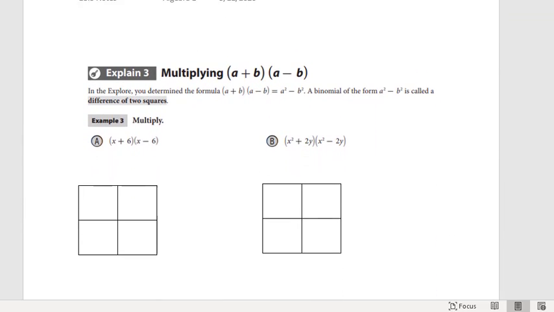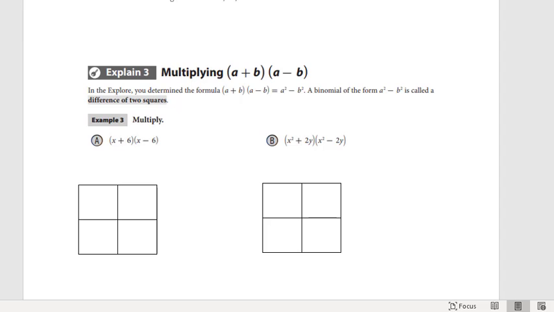All right, and our last special case. If we are multiplying something that's a plus b times a minus b, when it's adding in the first one and subtracting in the second one, something different happens. So we'll look at that. This is actually called a difference of squares, or a difference of two squares.